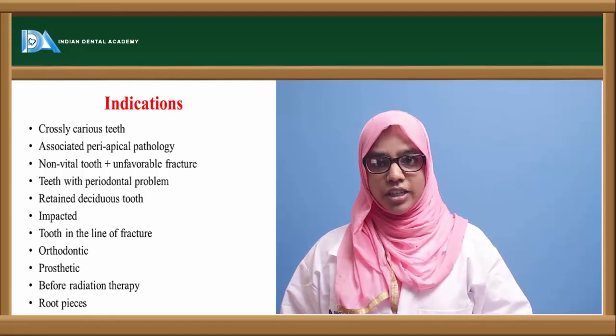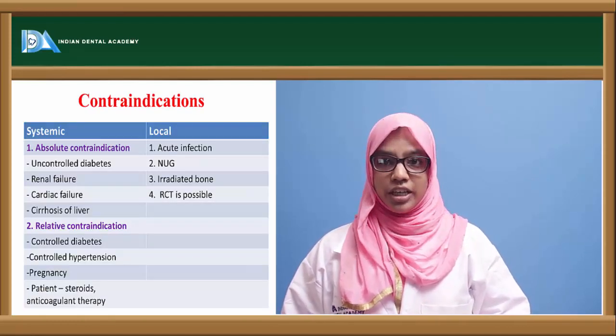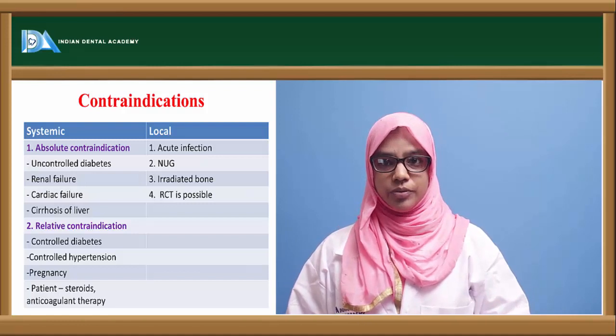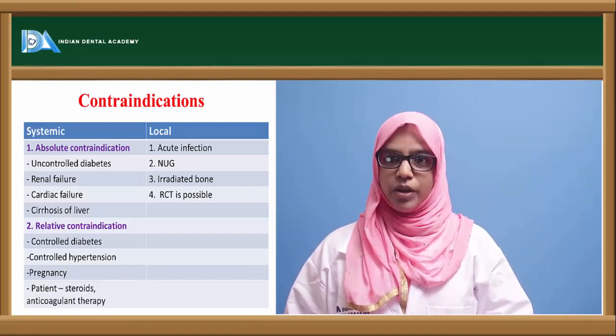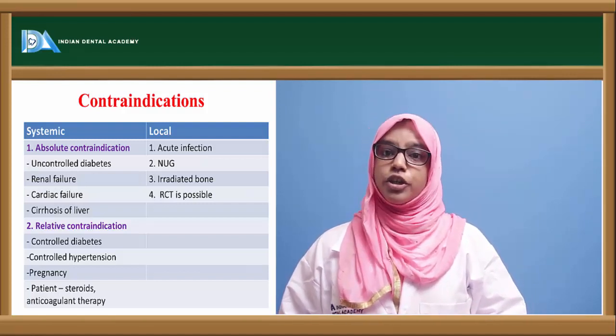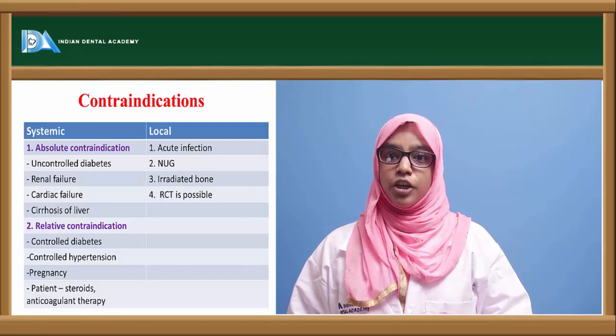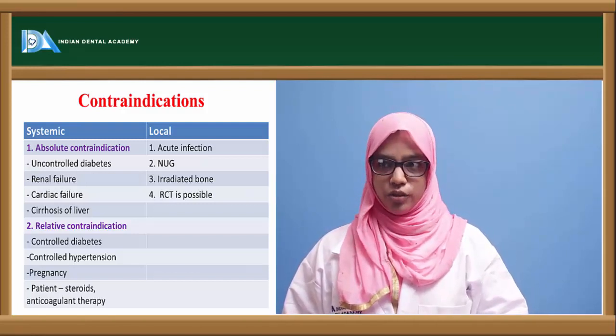Is there any contraindication? Yes, there is. It could either be local contraindication or systemic contraindication. Local contraindication, like those teeth which can be saved by root canal treatment, they should be retained. In case of acute necrotizing gingivitis, you need to resolve the gingivitis first, then address the extraction of the tooth.